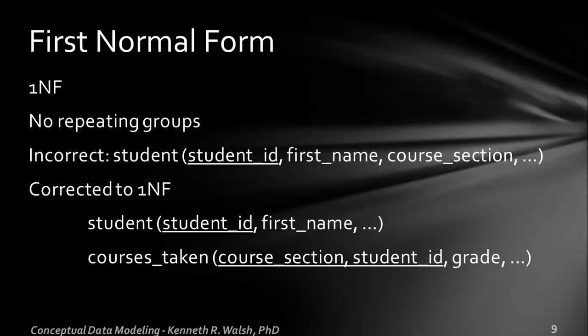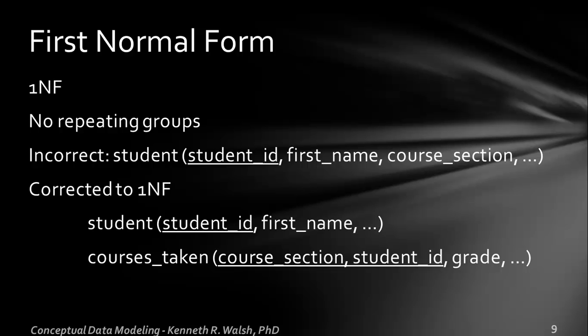First name was not a repeating group. They just have one first name. Course section, however, could repeat any number of times. Since that's a violation of first normal form, we rewrite the single relation into two relations, correcting the problem. In the corrected version, we have student, primary key, student ID, attribute, first name, which remains in the student relation.